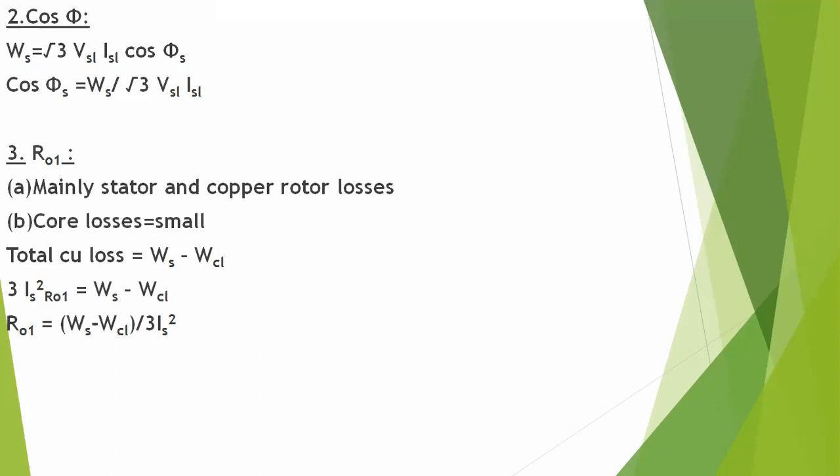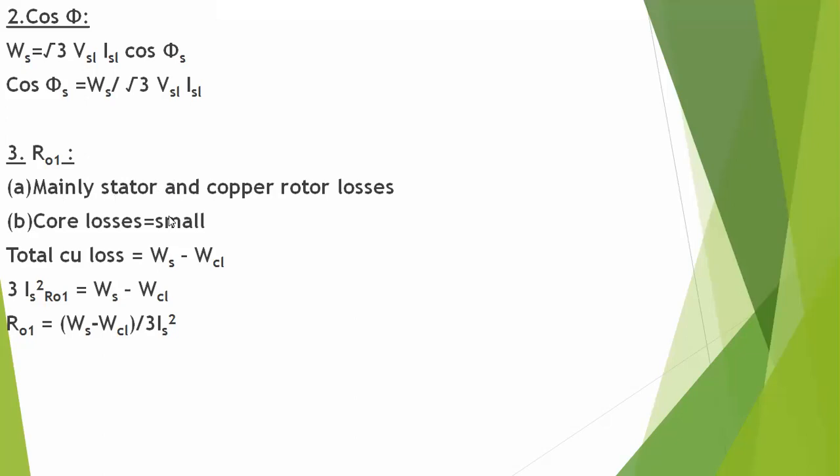Okay, and next R01, the leakage resistance. First I am finding the total resistance of the motor R01, which is referred to the stator. Mainly we have to find out the stator and rotor copper losses. In the second, we have to find the core losses.